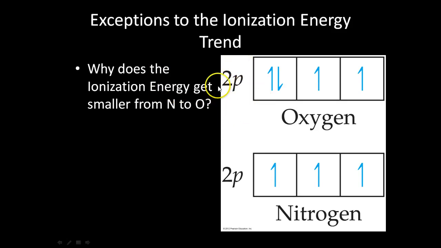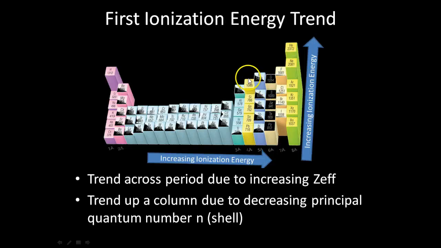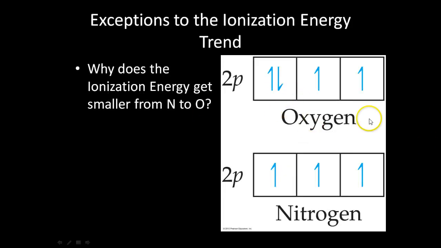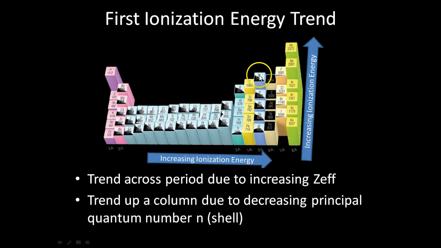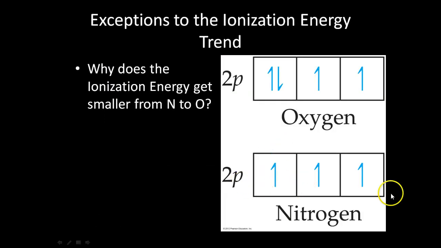These are parts of the orbital diagram, just showing the 2p subshell. Oxygen has 1, 2, 3, 4 electrons, and only 3 for nitrogen.